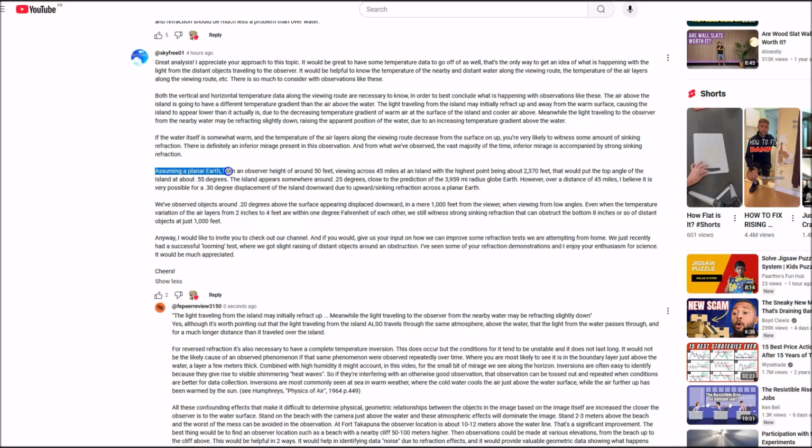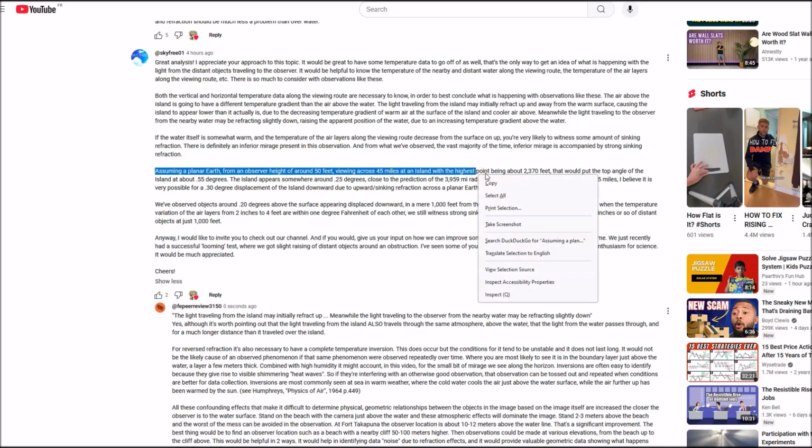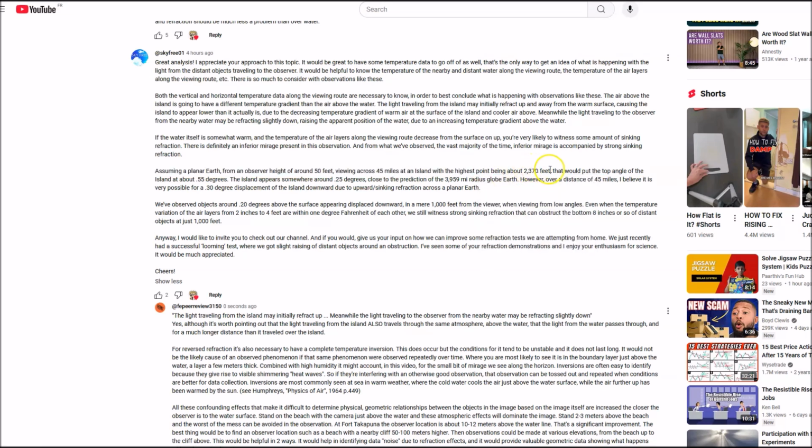Assuming a planar Earth from an observer height of around 50 feet, viewing across 45 miles at an island with the highest point being about 2370 feet, that would put the top angle of the island at 0.55 degrees. The island appears somewhere around 0.25 degrees, close to the prediction for the globe Earth.